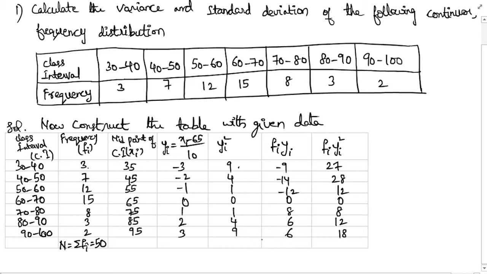So now we find summation of FiYi, the sum of all these, which is minus 15, and summation of FiYi square, which is 105.